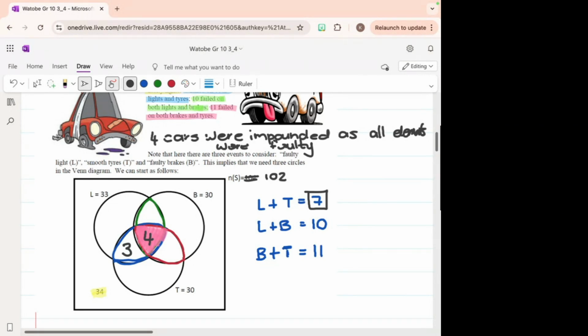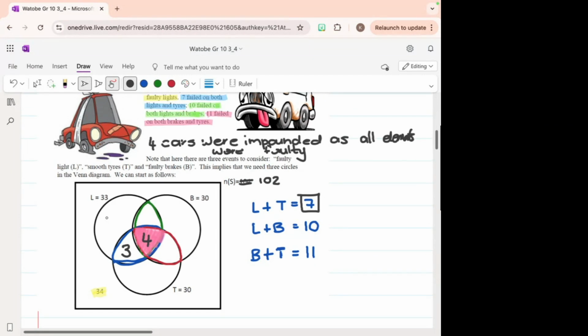The whole L circle has to add up to 33. I already have 3 plus 4, which gives me 7. So what needs to be left over in just the lights block, guys? I'm going to say 33 minus 3 minus 4 is going to give me 26.